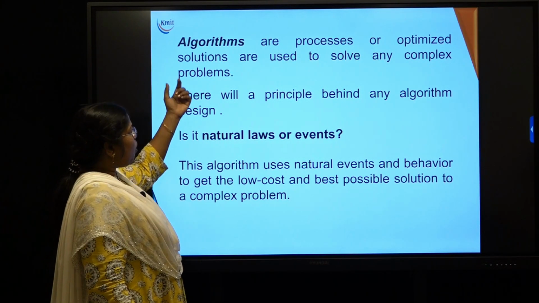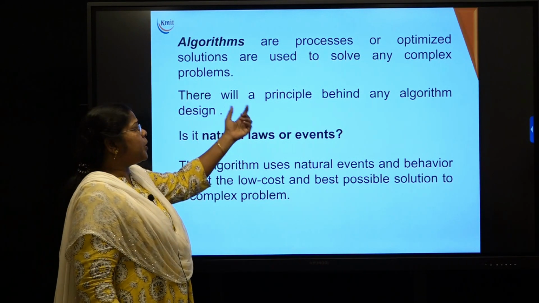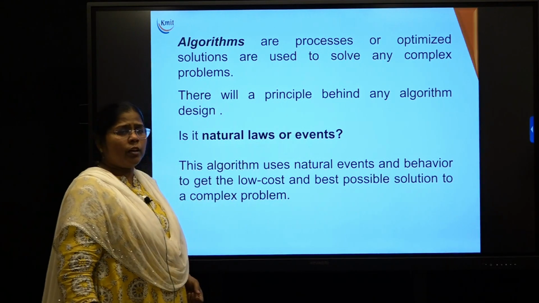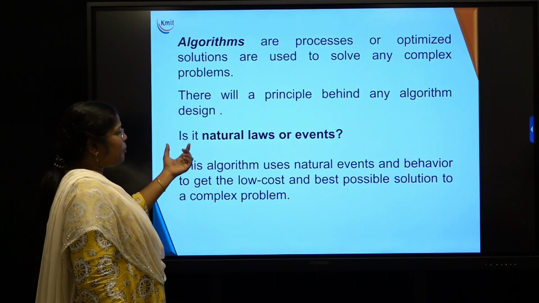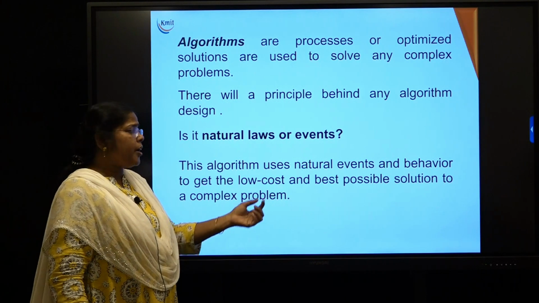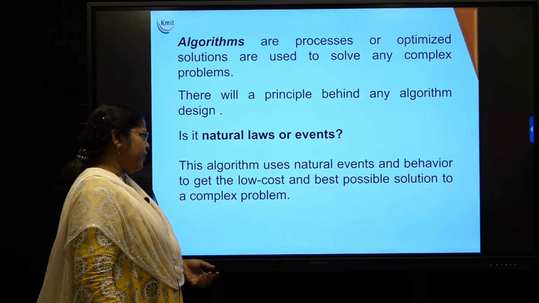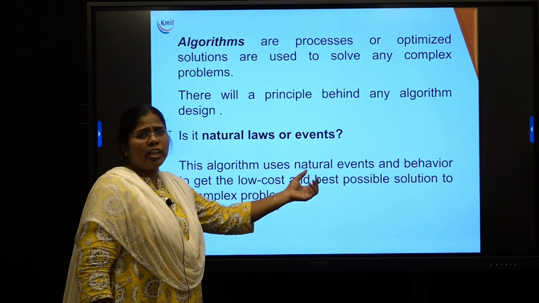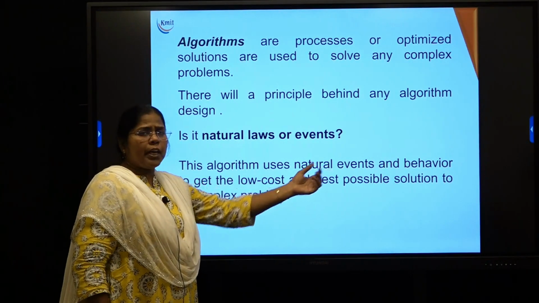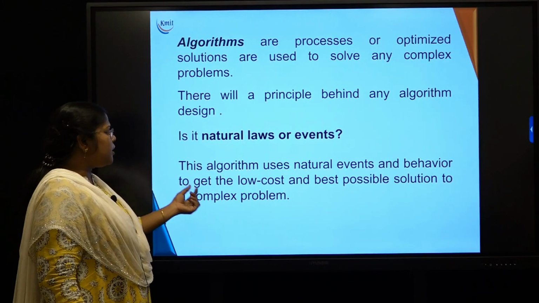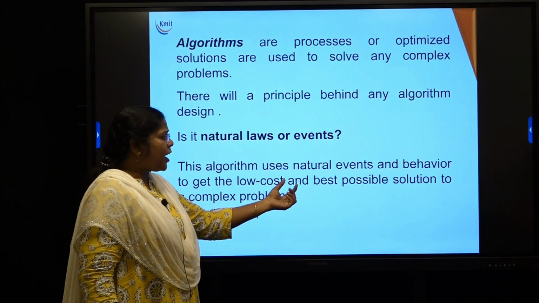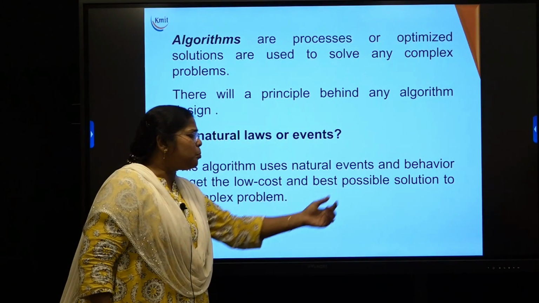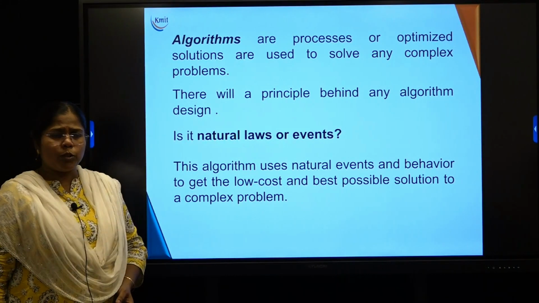Always, for an algorithm, a principle will be there behind it. It can be a natural law or a natural event. This algorithm uses natural events and behavior to get the low cost and best possible solution for a complex problem.